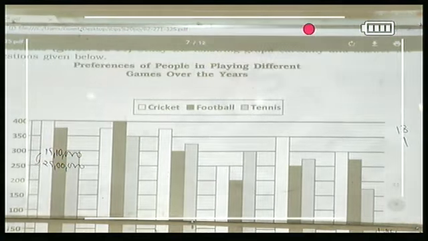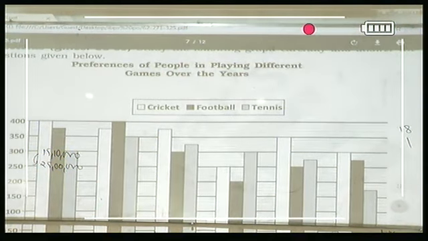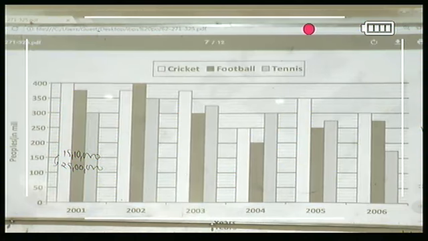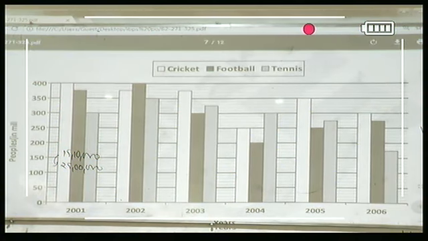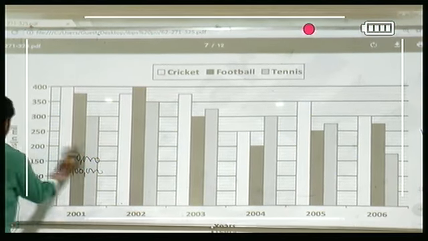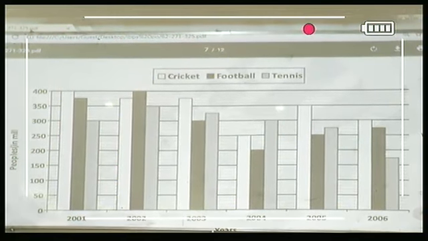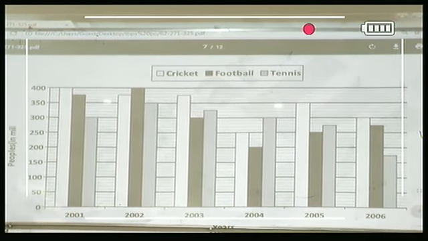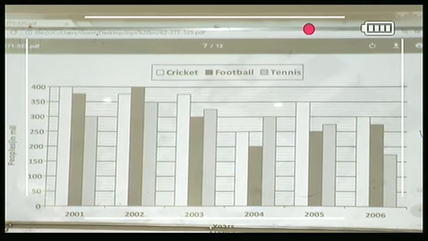What is this? Performance of people in playing different games over the years: cricket, football and then tennis. So 2001 to 2006. 56. In the year 2006, the people preferring to play tennis are what % of the people preferring to play cricket, football and tennis together in that year?